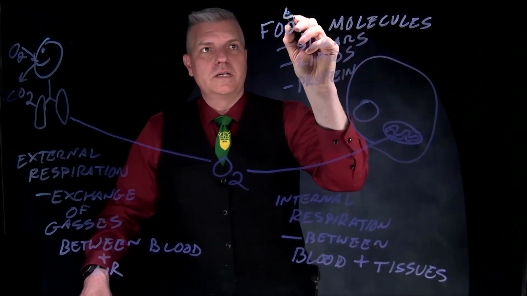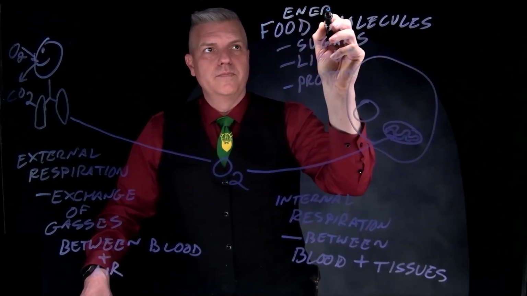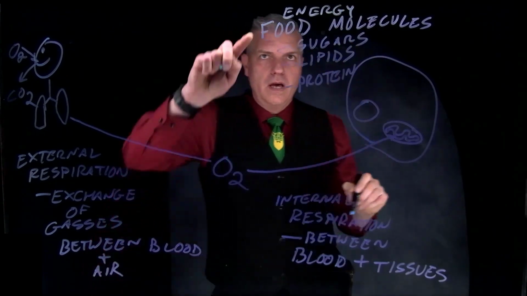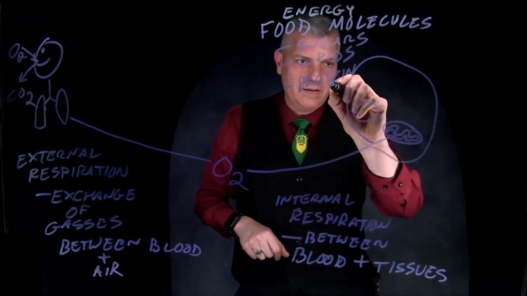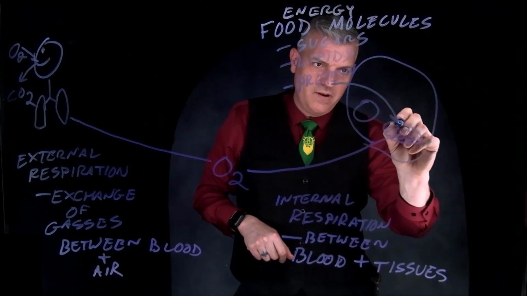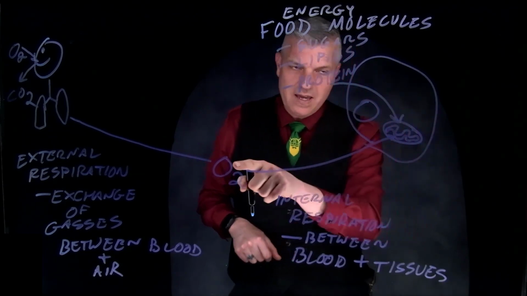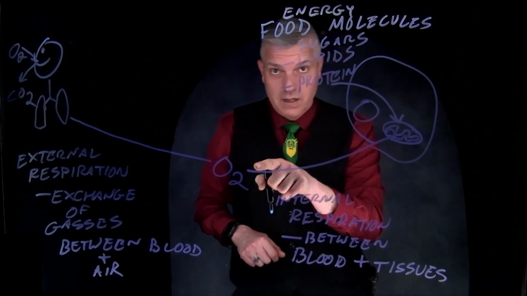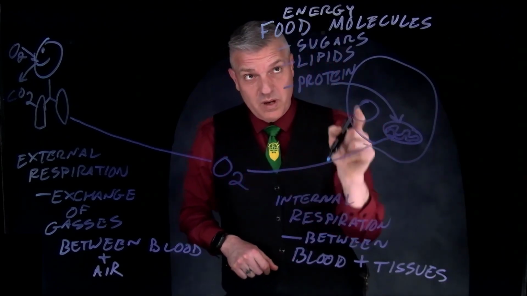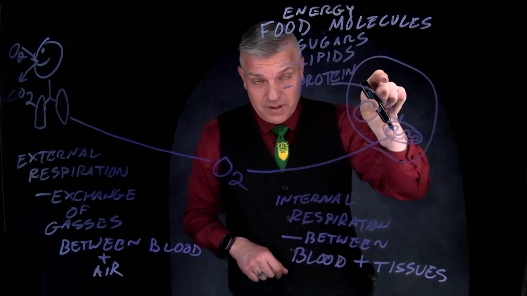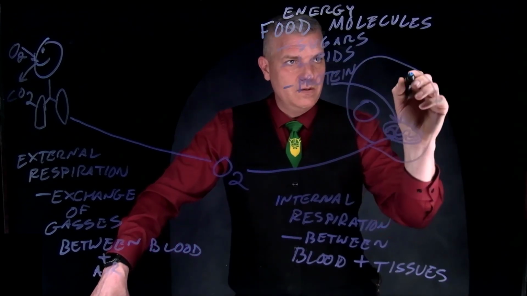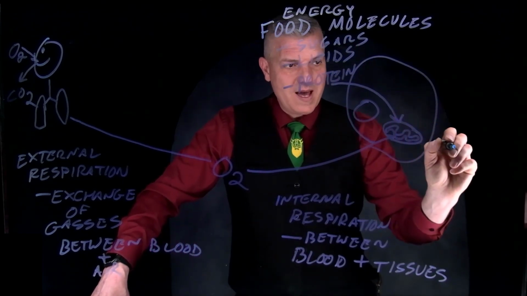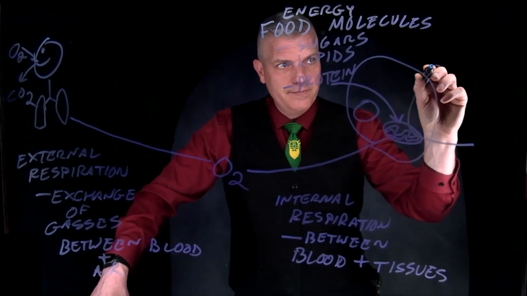And energy is the key here. Energy is in these food molecules, and the mitochondria is able to get energy from those food molecules, but it needs the oxygen. It needs the oxygen to be able to liberate the energy from these food molecules. And what it uses that energy to do is to make ATP.